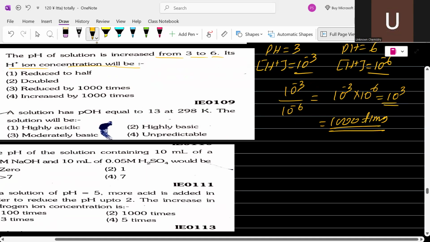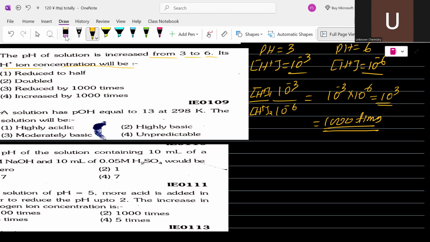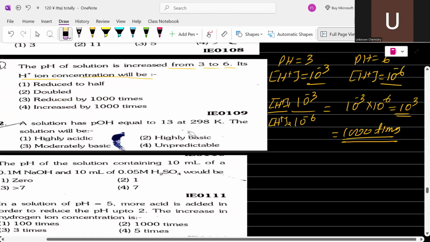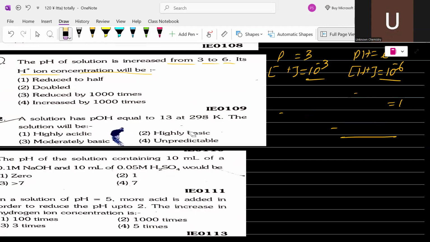Understand? 1,000 times, because this is the first H plus concentration divided by the second concentration. This question is somewhat tricky. If pH has increased 1,000 times, then H plus concentration has been reduced 1,000 times.